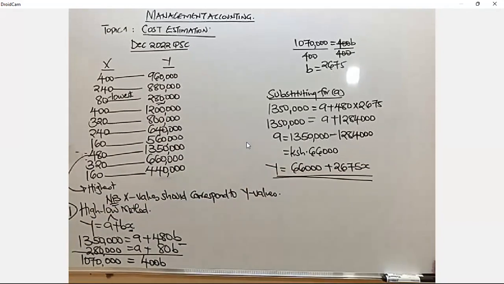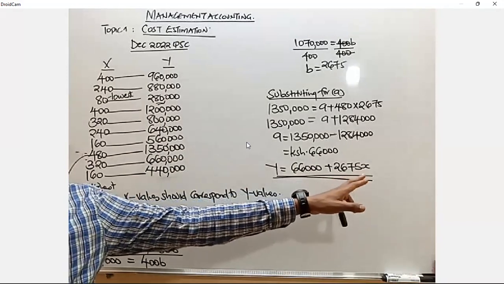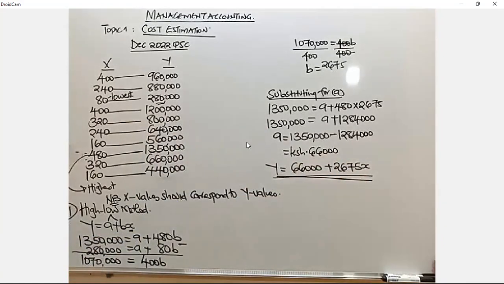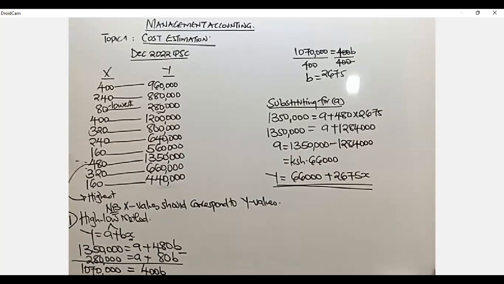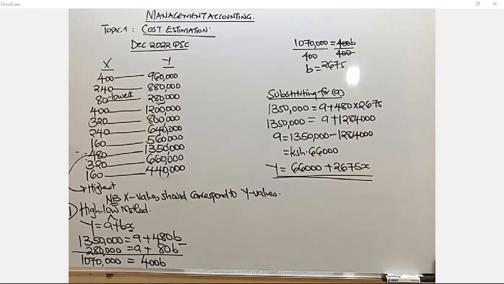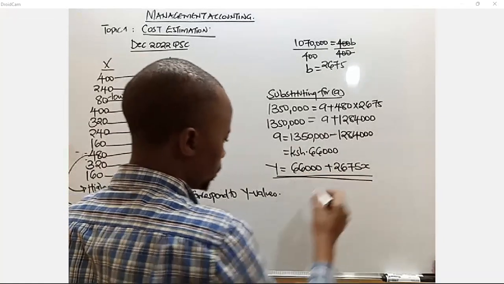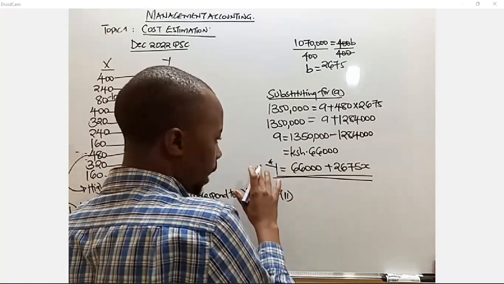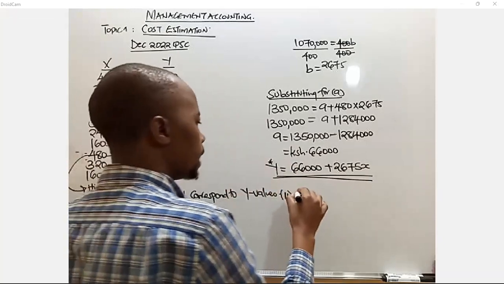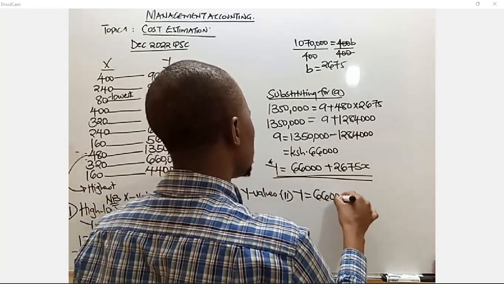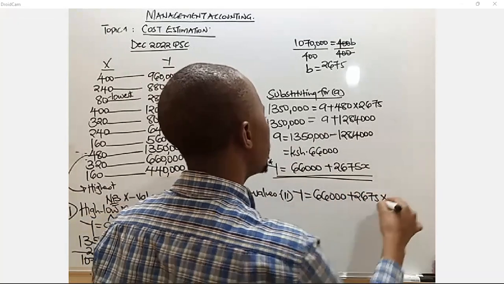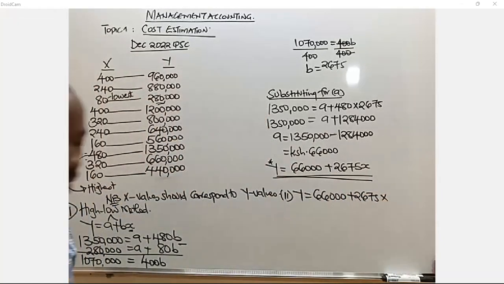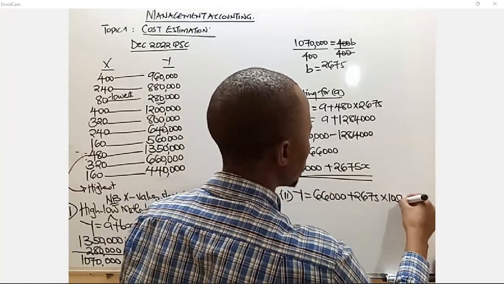It is very simple. Let me go to Roman 2. Roman 2 is asking us to determine the total costs if 1050 machine hours were applied. So if I have already formulated this equation, I can predict my total costs. I say y is equal to 66,000 plus 2675 times the value of x, which the examiner is giving as 1050.